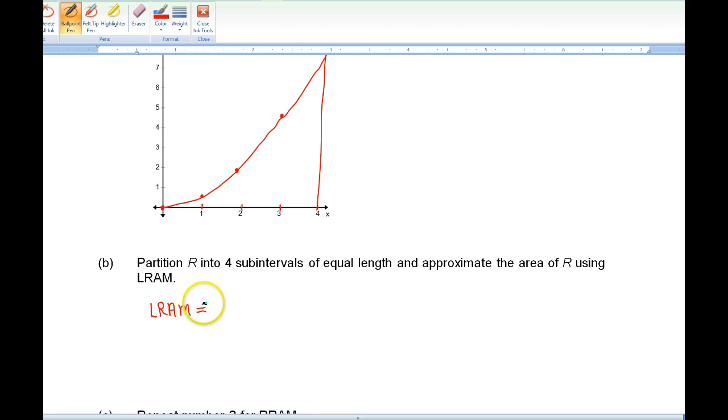Again, since the base is 1, and we're doing base times height for each of these, we really just need to look at the height. For example, the first rectangle for LRAM would be here. We have the same situation as on the previous page, in that the base is 1 and the height is 0.